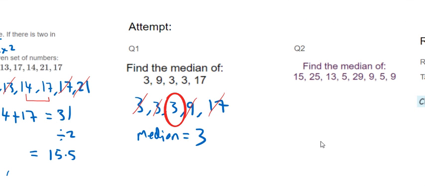For the second question, if I put them in order, 5 is the smallest number, and it's got two 5s in it. Then 9 appears twice, then 13, then 15, then 25 and 29.